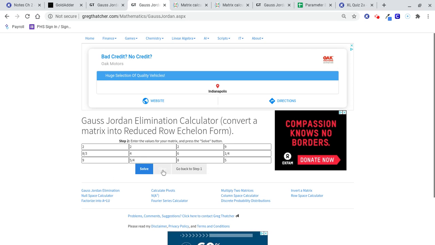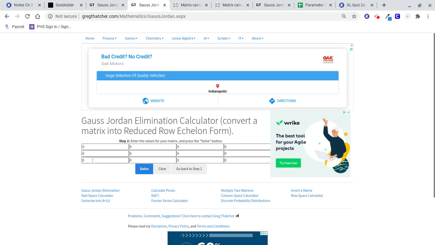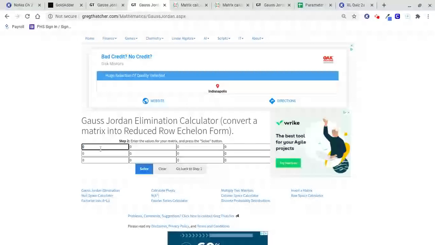Usually it populates with numbers. So go ahead and clear those out and then type in your matrix. Use the tab key.